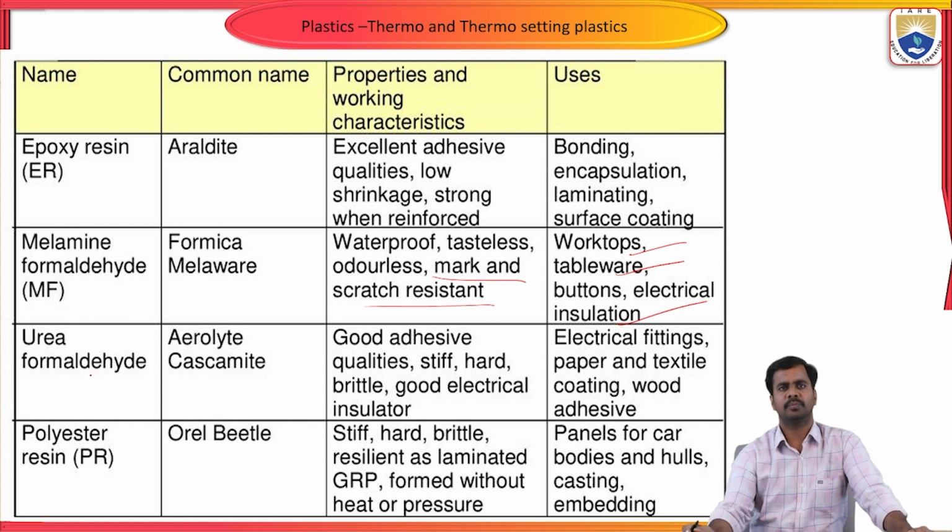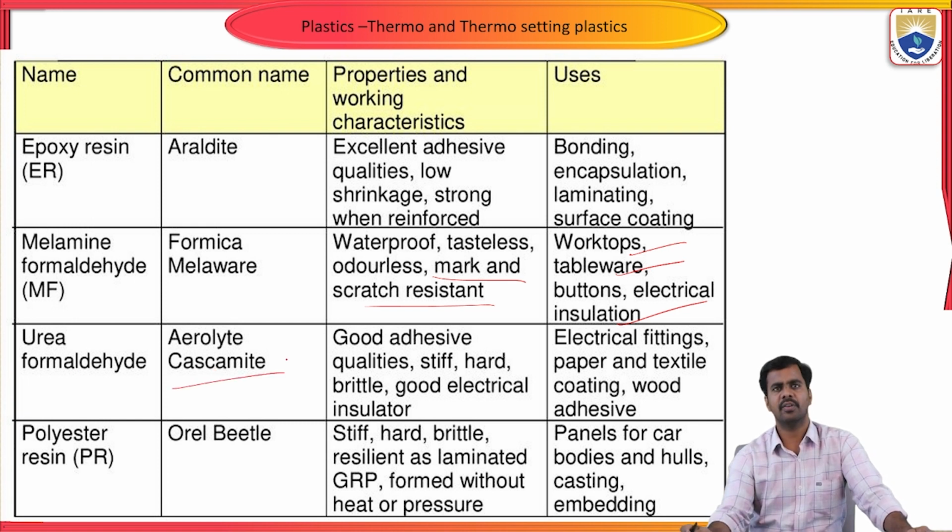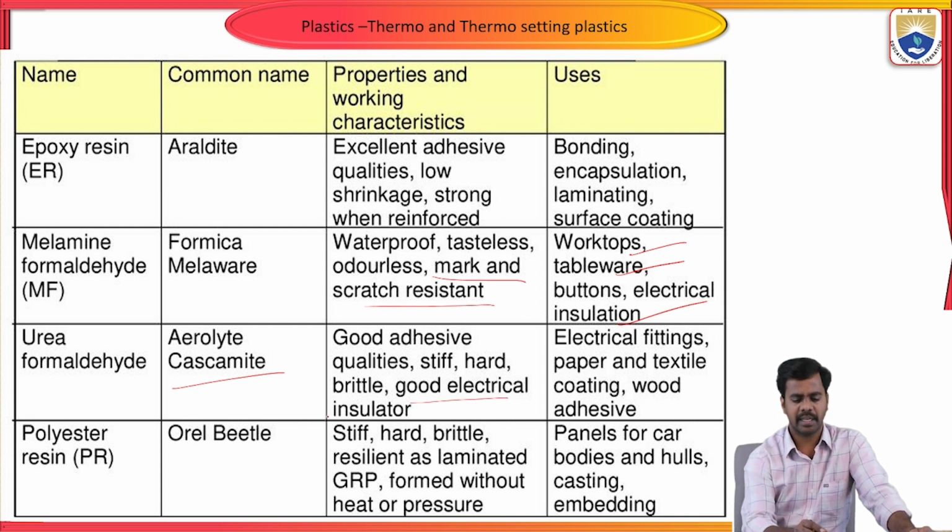And next thermosetting plastic is urea formaldehyde. The common name for urea formaldehyde is Aerolite, Cascamite. Coming to the properties of urea formaldehyde, it acts as a good adhesive, and is stiff, hard, brittle, and a good electrical insulator.